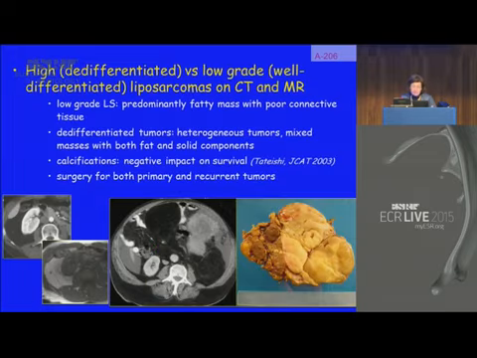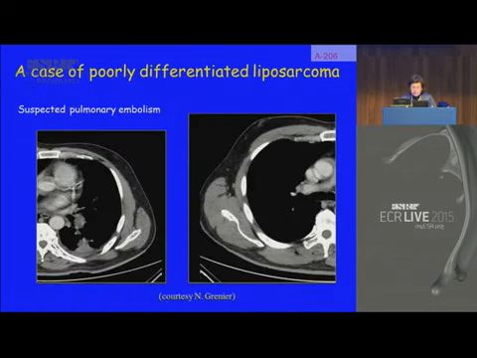Calcifications have a negative impact on survival, and surgery of liposarcoma is usually indicated for both primary and recurrent tumors. This is a case of poorly differentiated liposarcoma, which was revealed by bilateral pulmonary embolism.